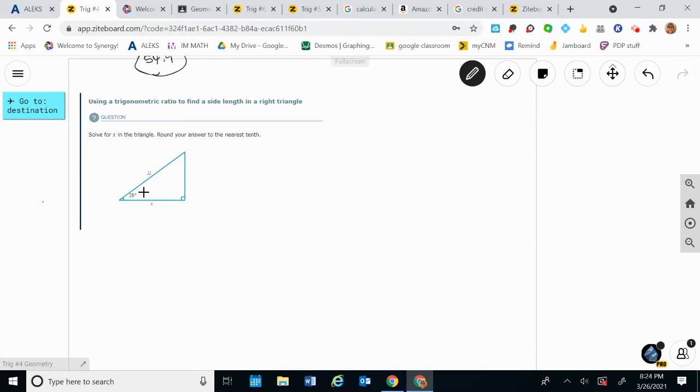Okay, take a look at this one. What sides did they give me? They gave me adjacent and they gave me hypotenuse. So, toa. Adjacent and hypotenuse is the cosine. So you're going to write the cosine of 28 equals x over 11.